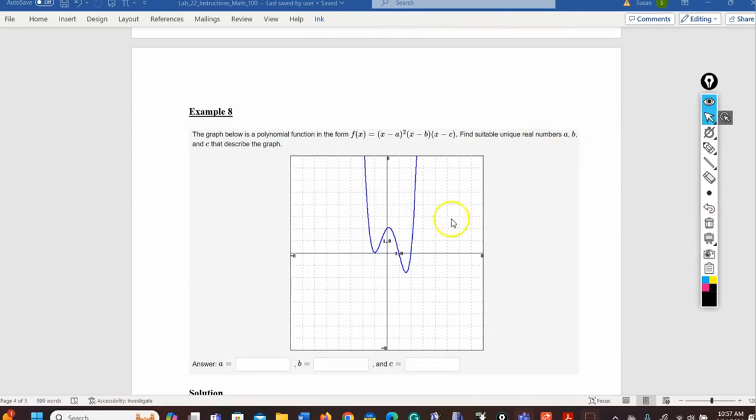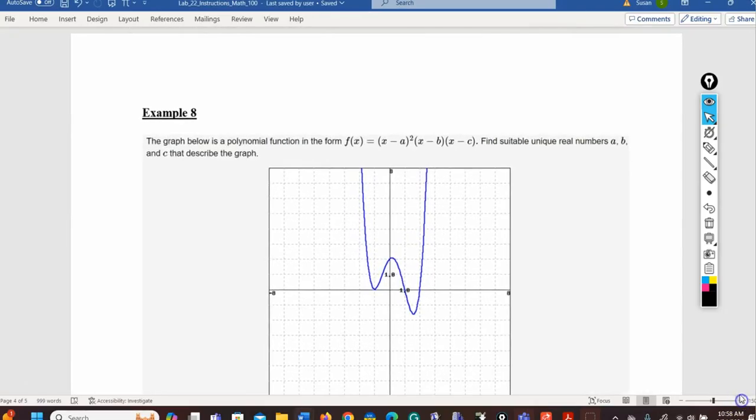Okay, so below, they want us to actually write a formula, and they give you a template for a formula. So I might try and make this a little bit bigger. Okay, so first of all, what are the zeros?